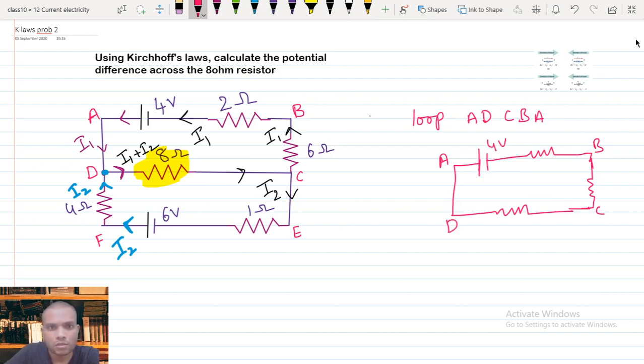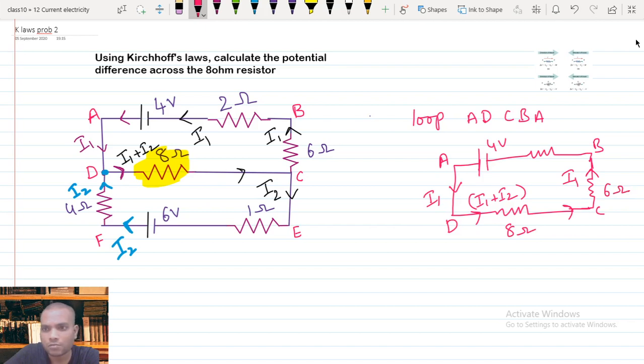4 volt. The current is I1 across this arm, but when it comes to this arm, the current is equal to I1 plus I2. So this is 8 ohm. The same current flows here, but when it comes to here, the current gets divided again. So this I1 current will flow.